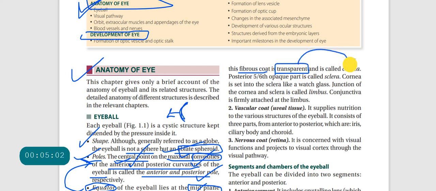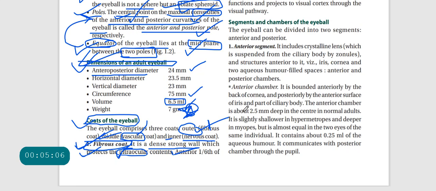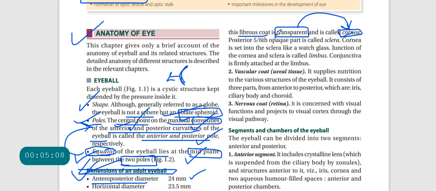So the anterior 1/6 of the eye is nothing but the transparent cornea. The posterior 5/6 is opaque, and this is the sclera.